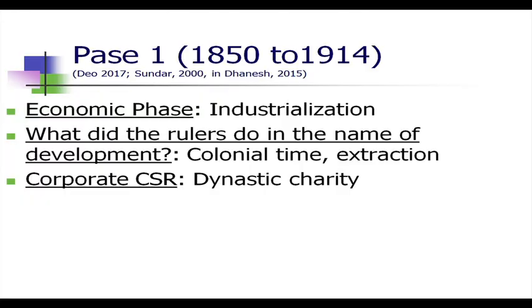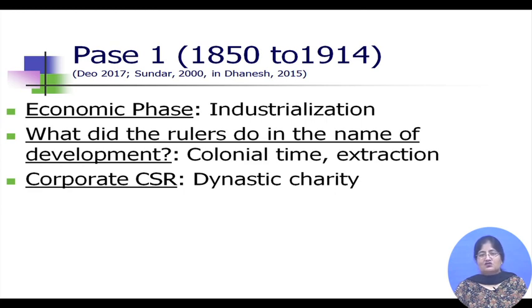Okay, phase 1, 1850 to 1914. The economic phase in this particular phase was industrialization. In this time, more and more industrialization was taking place. What did the rulers do in the name of development during this phase? It was a colonial time. The British had occupied India, and in the name of development they were trying to extract the profits.